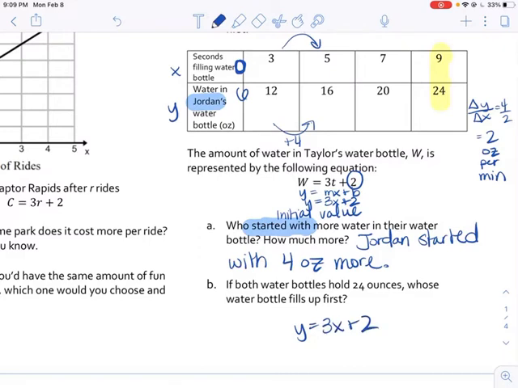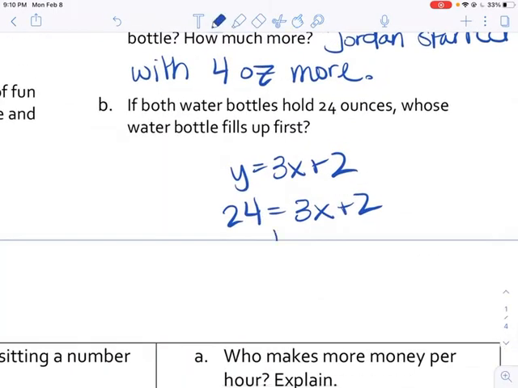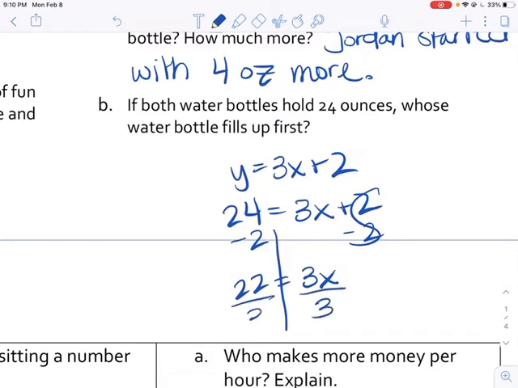Okay, so 24 was my Y, equals 3x plus 2, and then solve for x. So I'm going to subtract 2 from each side because you undo addition first. This is 22 equals 3x. And then this is kind of weird because it doesn't end up pretty. So x equals 22 thirds.